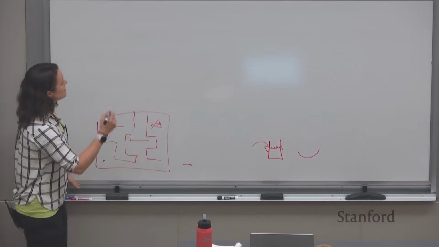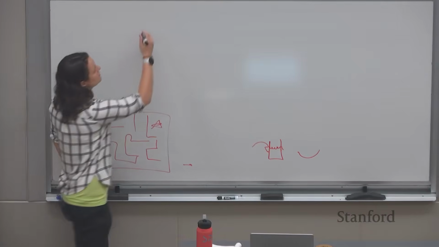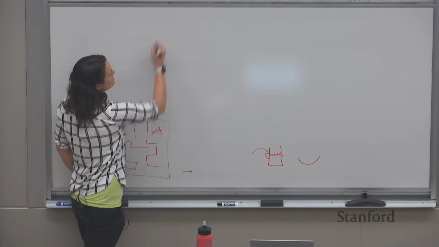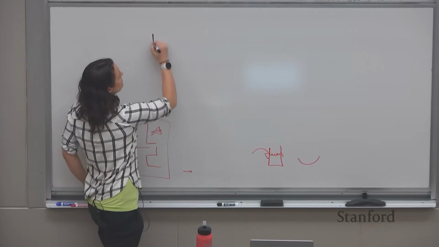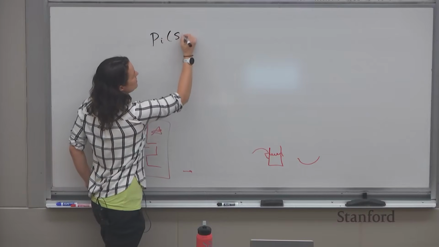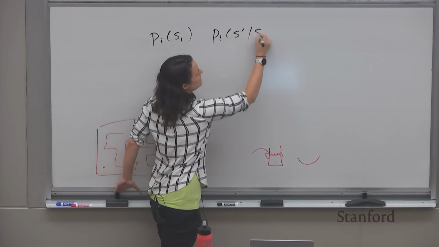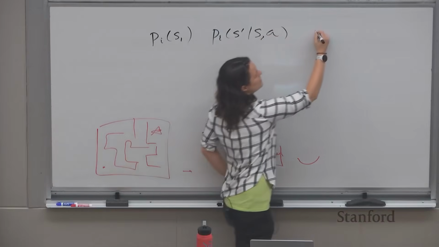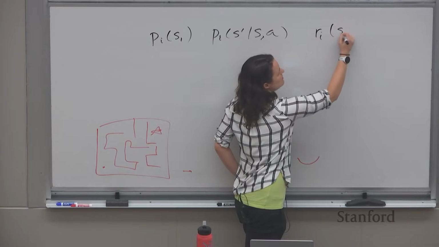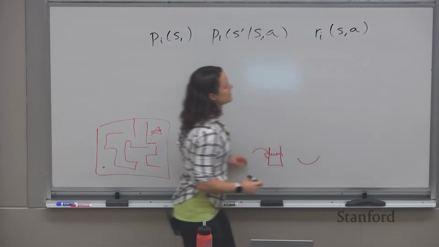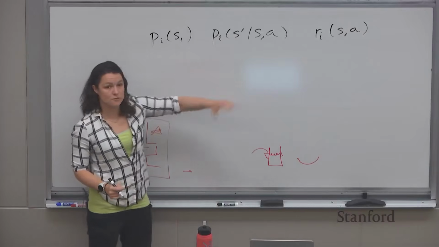So we have, for example, the Pi of the initial state, Pi of S prime given S, A, and Ri of S, A. And this is like the dynamics and the reward for each task.